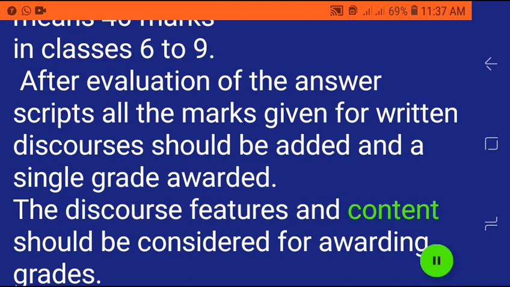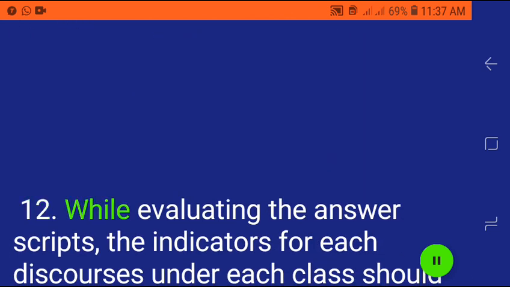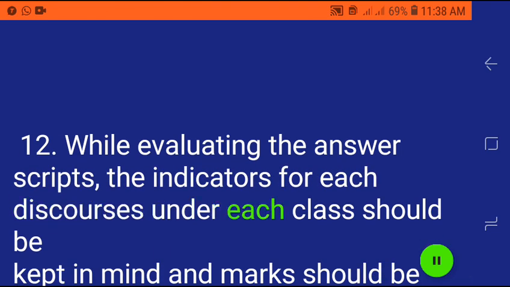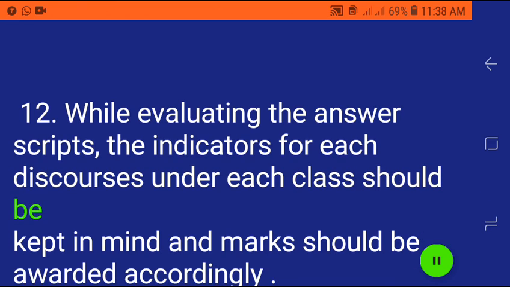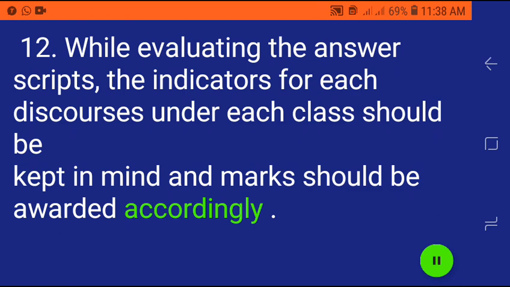The discourse features and content should be considered for awarding grades. 12. While evaluating the answer scripts, the indicators for each discourse under each class should be kept in mind and marks should be awarded accordingly.